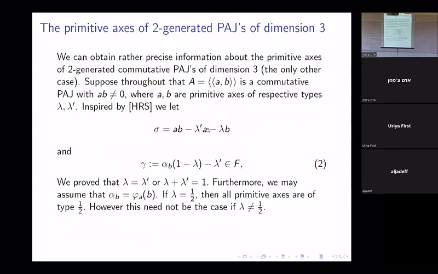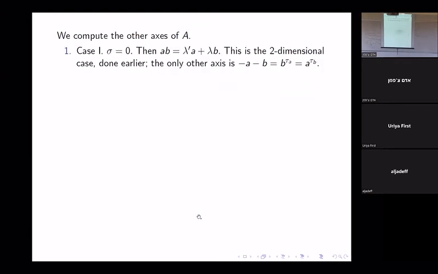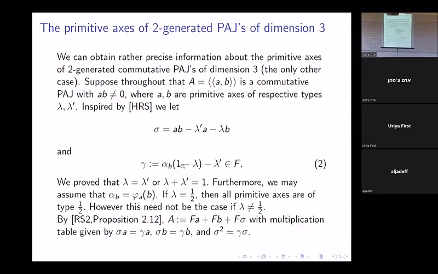But you could conceivably have A have type lambda prime and B have type lambda, and then they have conjugate type. And if lambda is a half, then everything is of type half, because you get 1 minus a half is a half. And then you can define sigma to be this element.